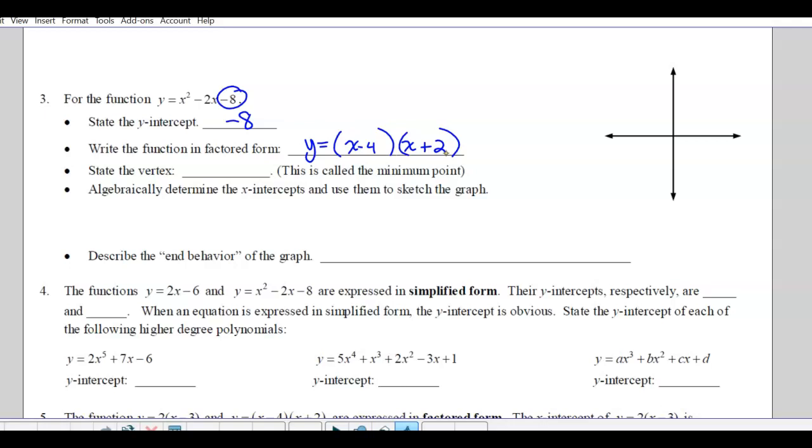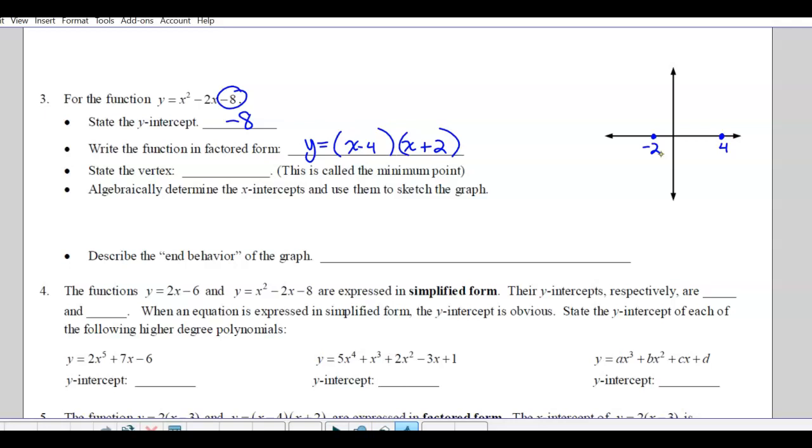It doesn't say use your calculator. So you could go back to the beginning and complete the square and find it in vertex form. But a little bit faster than that, because we have it in factored form, if we were to start sketching this, we'd have x-intercepts of 4 and -2. Where's the vertex going to be?